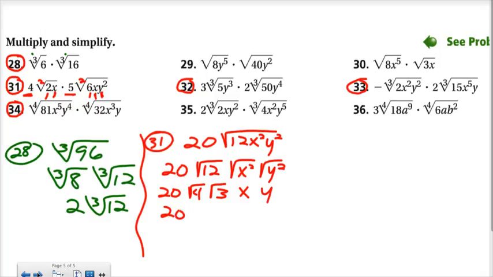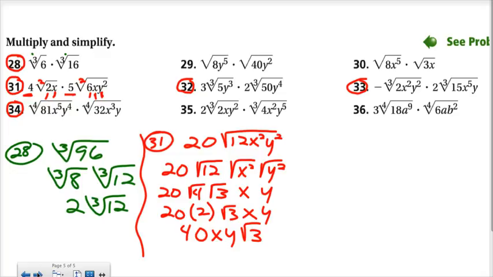So this is 20, and this is 2 square roots of 3, x, y. Well, I already put the parentheses there, but remember, in algebra, when things are right next to each other, that means we're going to multiply. So I'm going to have 40, and then the other pretty part of this will be an x and a y, and then the square root of 3 in the back.